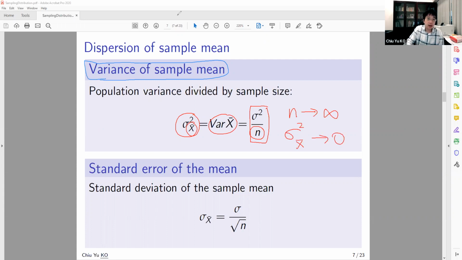The reason is rather simple. You can imagine this, okay? Consider any distribution, because we don't require it to be normal.